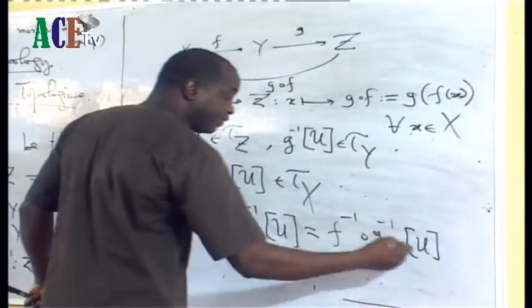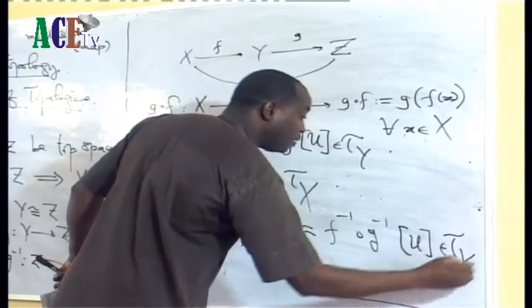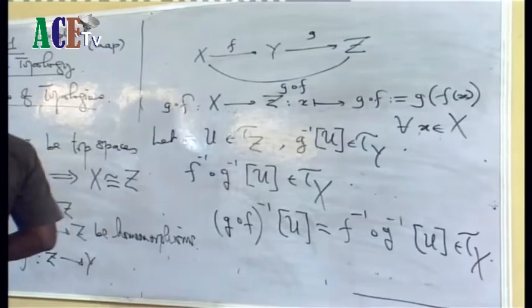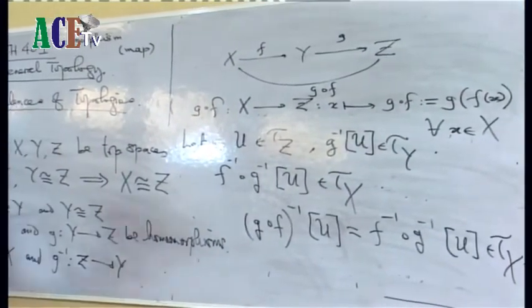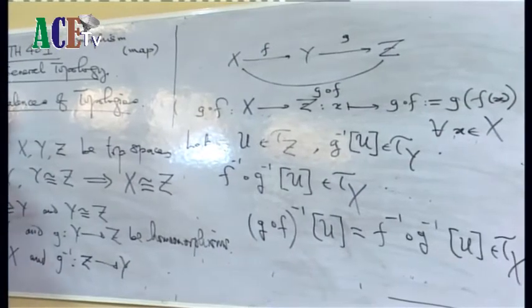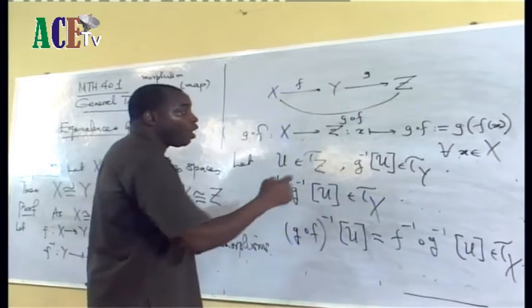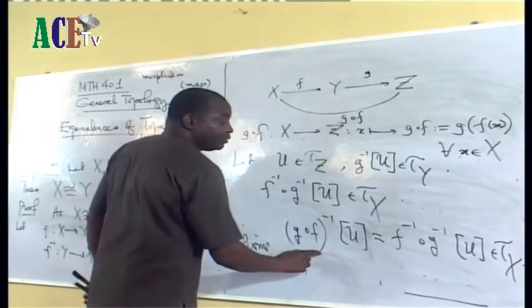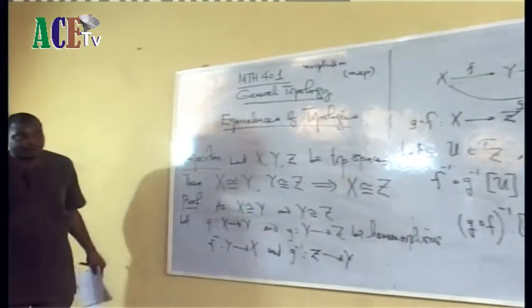And of course we see that this is in tau X. So we've been able to establish the existence of a continuous inverse of this composition.